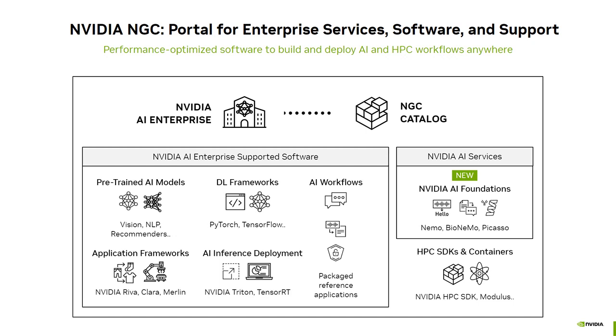However, free software access through NGC does not provide the same level of benefits as NVIDIA AI Enterprise, such as enterprise support, SLAs, access to NVIDIA AI experts, and exclusive enterprise product differentiators. Let's continue up the NVIDIA AI platform stack to AI services.